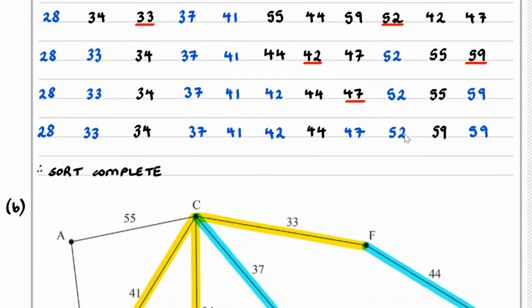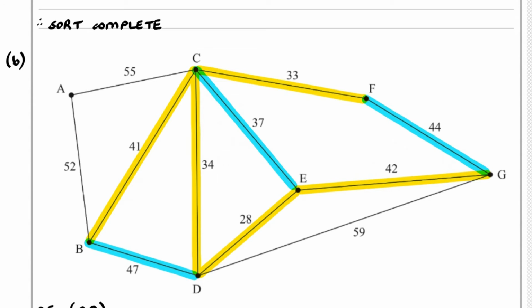And then we have 52, which corresponds to AB.